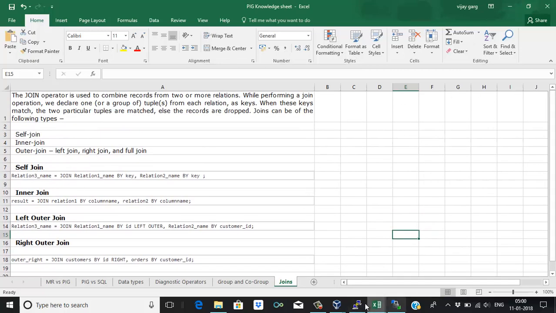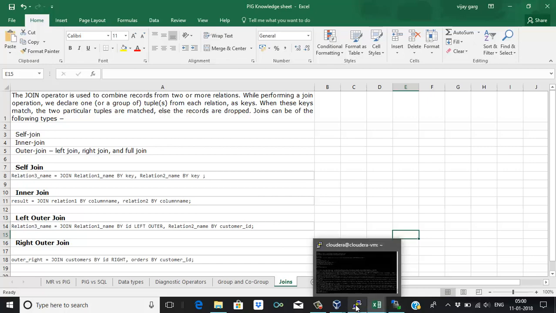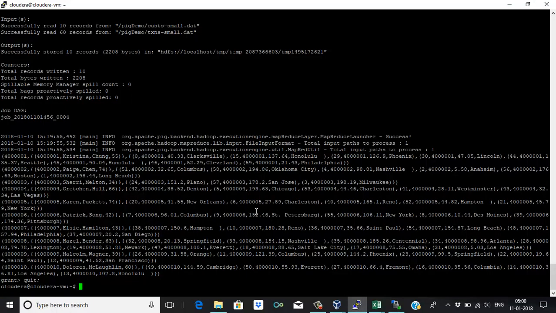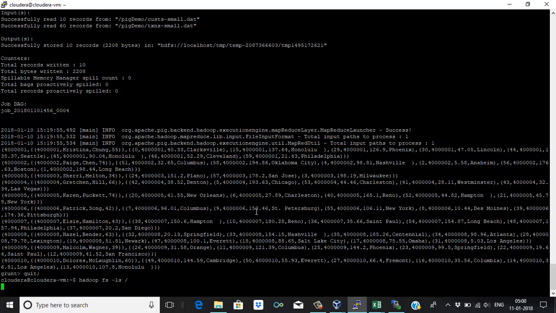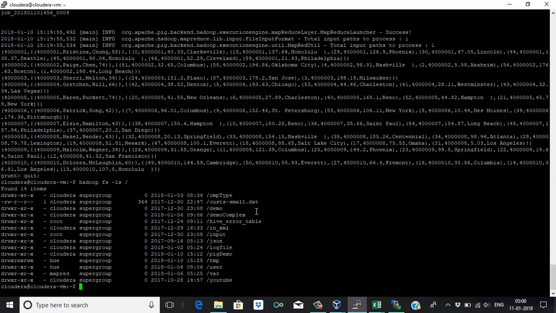So now we can practically implement the same. We can check whether we have both the input files or not. We created a folder called pig demo. So we can check in this folder.